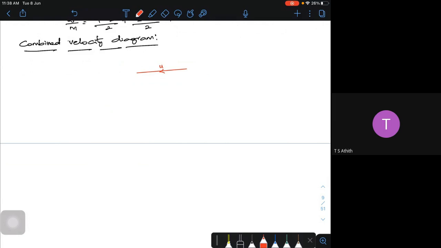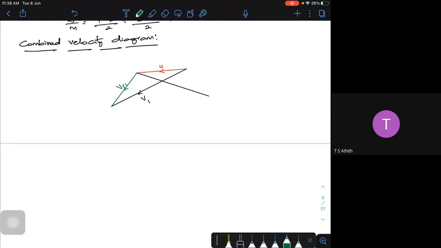This will be my V1, the absolute velocity, and I can close the triangle with VR1. Similarly, I can have the exit velocity triangle also. This will be V2, then I can close it with VR2.